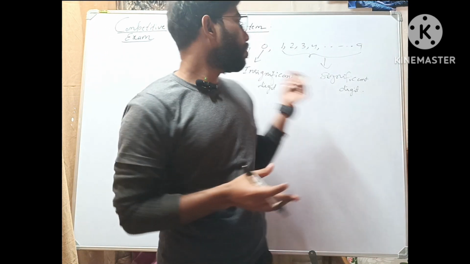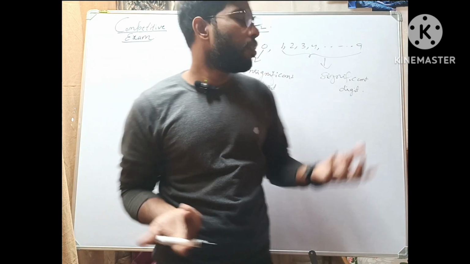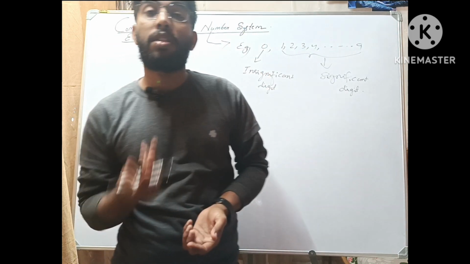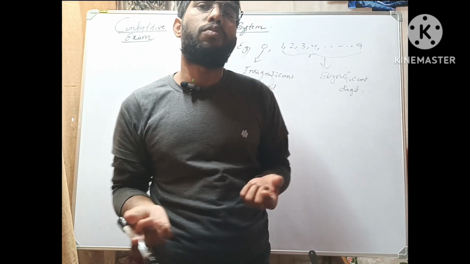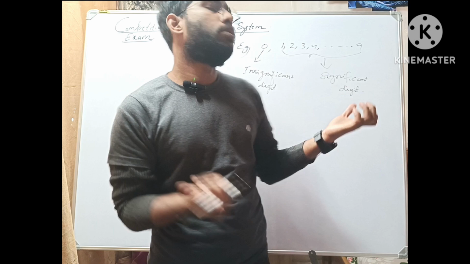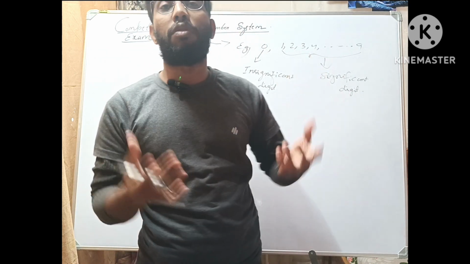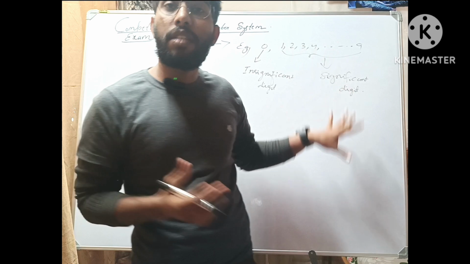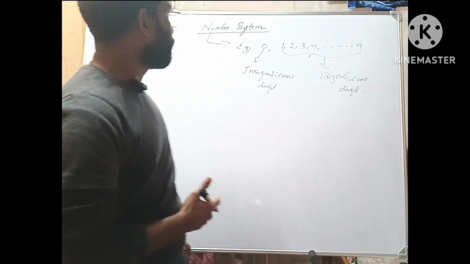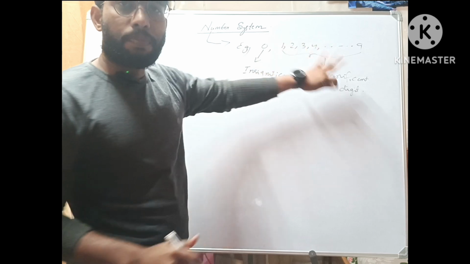Because 0 has no value, we all know that, but 1, 2, 3, 4 have a value, so these are called significant digits. I hope this is clear.